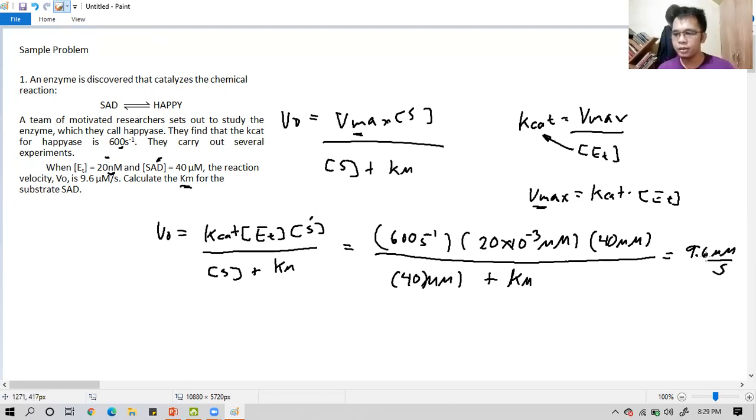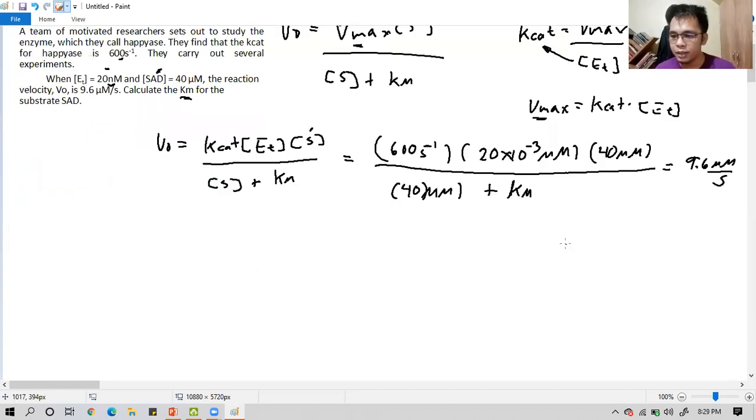micromolar per second. So, here we will have a long equation. It's up to you what technique to use, but the goal here, guys, is to solve this Km. So, 9.6 micromolar per second times 40. The common factor is just algebra.